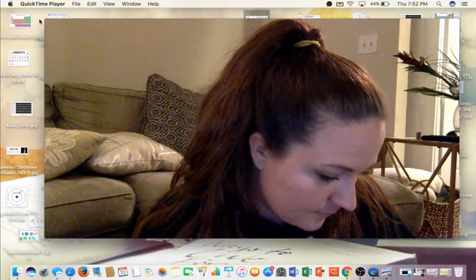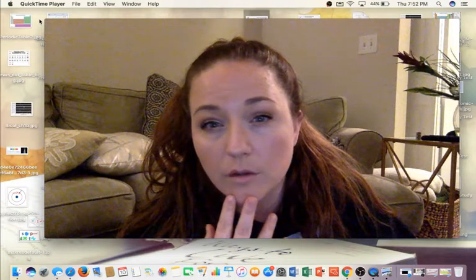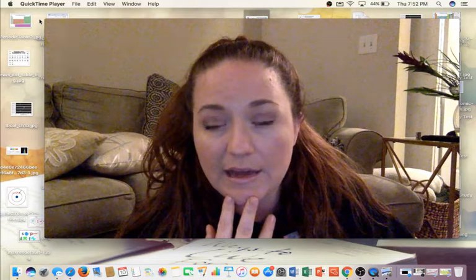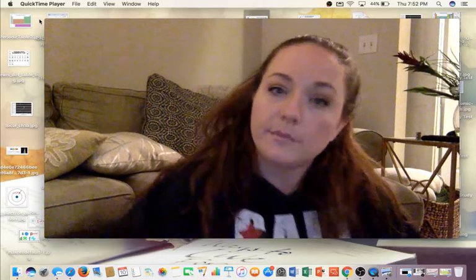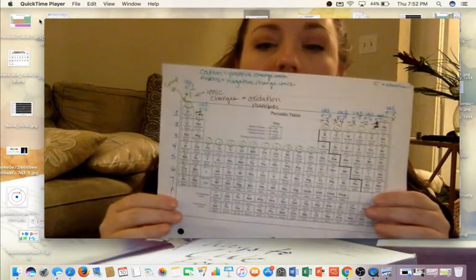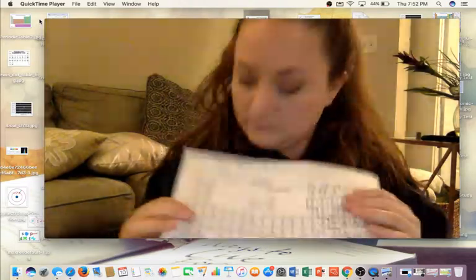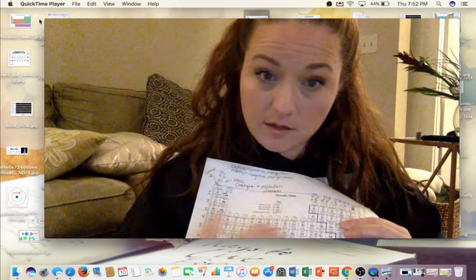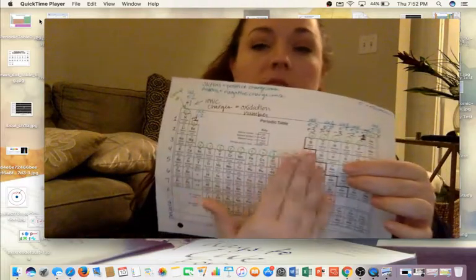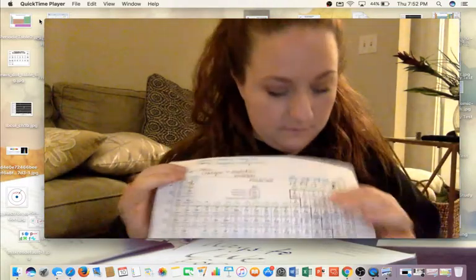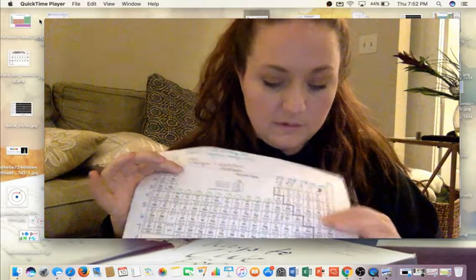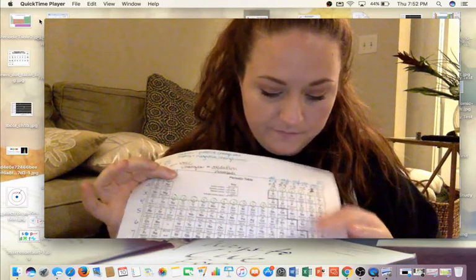Please know where your nonmetals, your metalloids and your metal categories are. So on the periodic table, everything right here are metals. This thick line dividing, that's where your metalloids are.